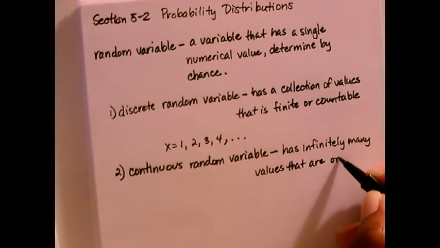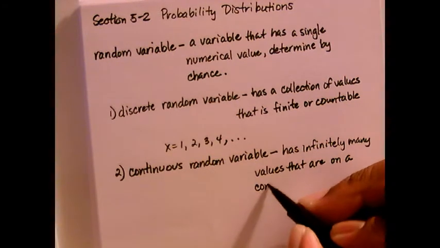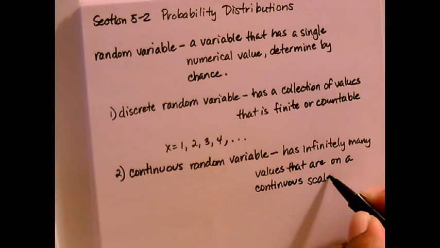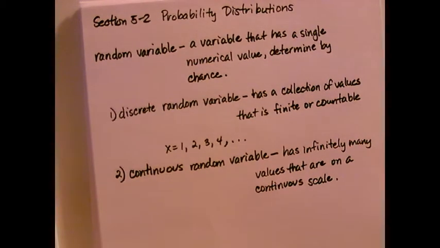Usually with a continuous random variable, that variable is going to be in the form of a decimal, because it's on some continuous scale. Usually continuous could be something that can be measured to a precise value. So pretty much know the difference between a continuous random variable and a discrete random variable.